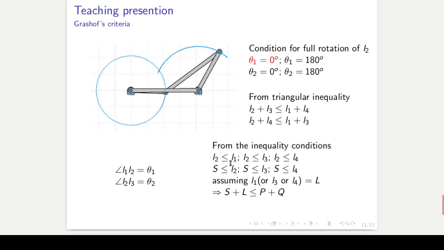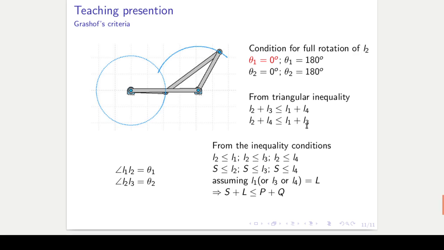Now among the three, L1, L3 and L4, I'm just going to assume any one of the links as the largest. For the sake of illustration, I am going to assume L1 as the largest. Why L1 as the largest? It doesn't matter, because these three equations are symmetric.